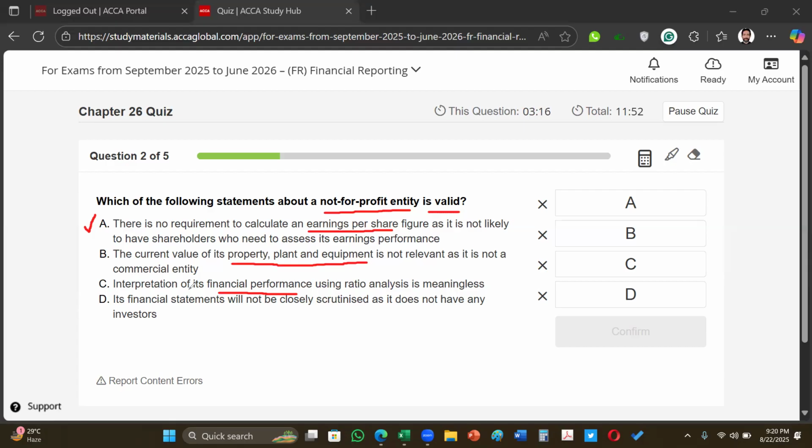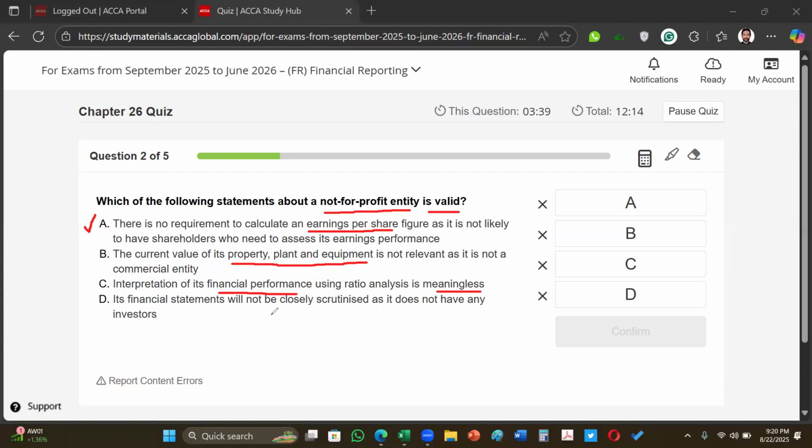So this is not valid for a not-for-profit. Okay, we are looking for valid points. They say it's meaningless, but it's not meaningless. It's quite meaningful. If you look at option D, its financial statements will not be closely scrutinized as it does not have any investors.